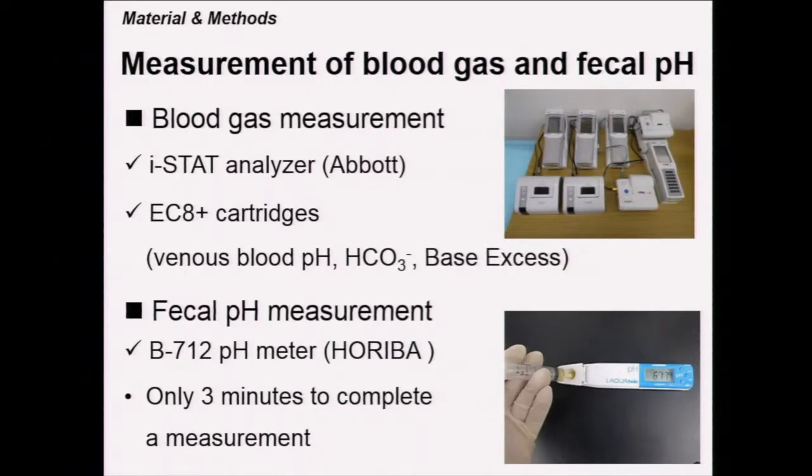Fecal pH was measured using a pH meter, and it takes only 3 minutes to complete a measurement. One sample for fecal pH measurement is about 40 times less expensive than blood pH measurement, and moreover, in terms of cost for instruments, a fecal pH meter is significantly less expensive than an i-STAT analyzer.